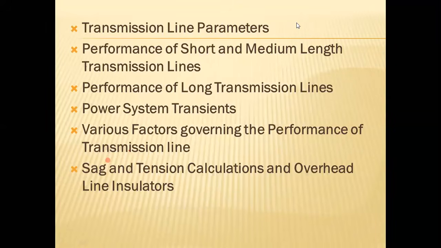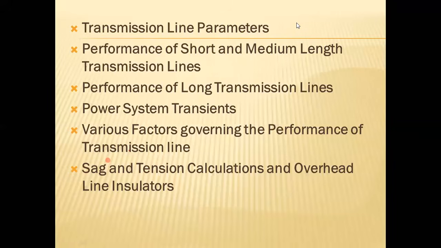Suppose two transmission line supports are of the same height. If a conductor is suspended between the two supports, the conductor will form a catenary and the bottommost point will be almost at the middle of the two supports.